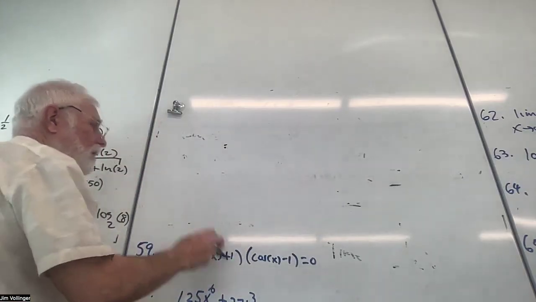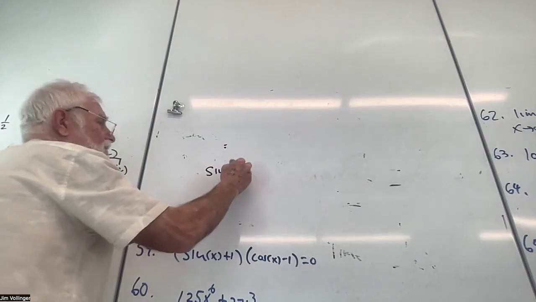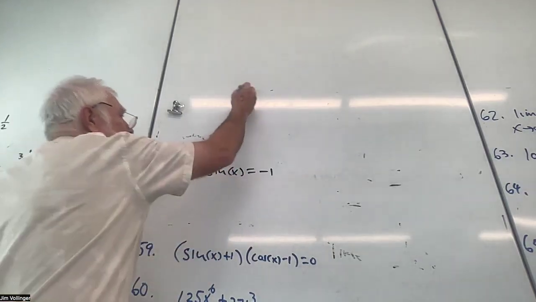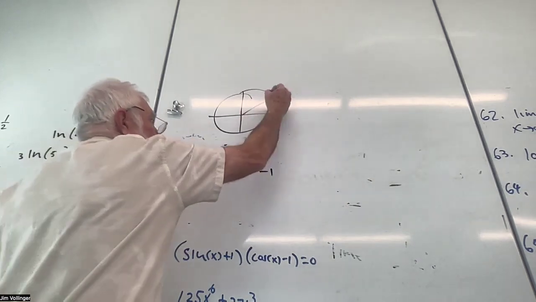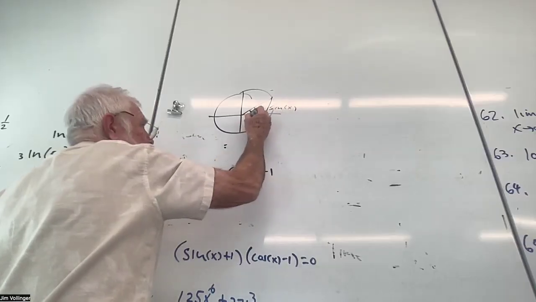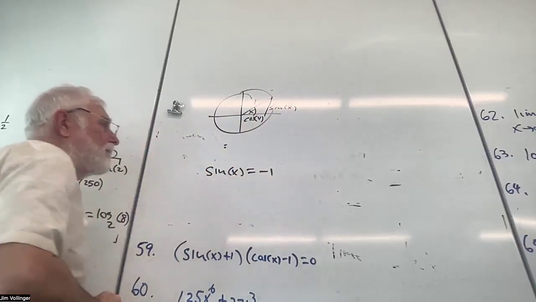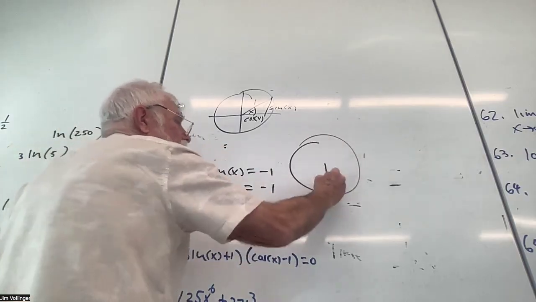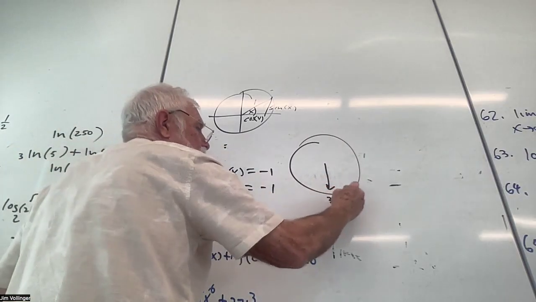Sine x plus 1, when is the sine function equal to negative 1? Sine function are the heights in the unit circle, right? If that's x, then that's the sine of x, and that's the cosine of x. That's 1. So when are heights equal to negative 1 in the circle? Straight down, 3 pi over 2.